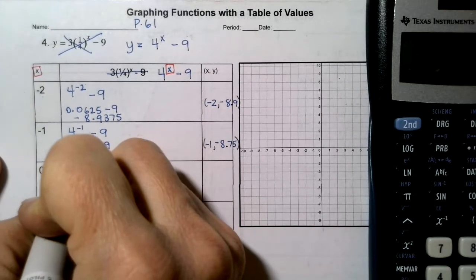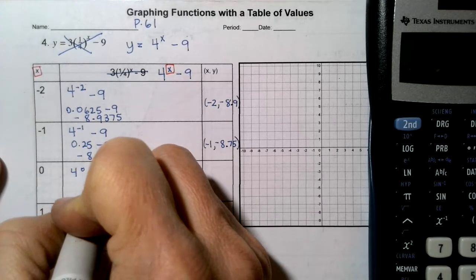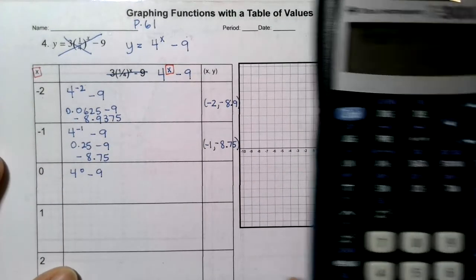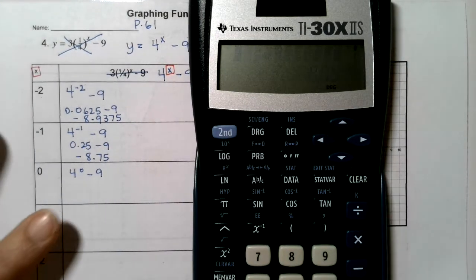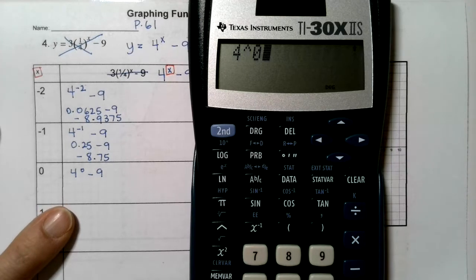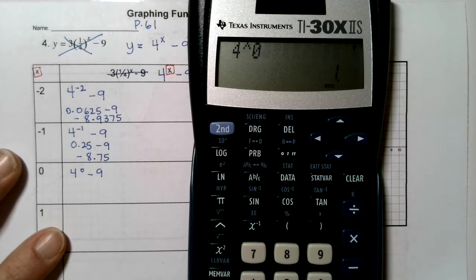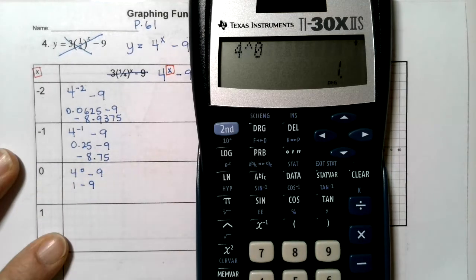I'm going to plug in 0. 4 to the 0 power minus 9. Some of you might recognize that exponent, but many of you probably do not. 4 raised to the 0 power equals 1. So 1 minus 9.